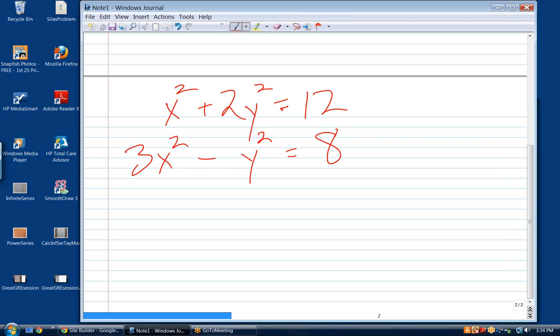So what do we need to do to add or subtract these two equations so that one of the variables will disappear? You can multiply the bottom equation by 2.